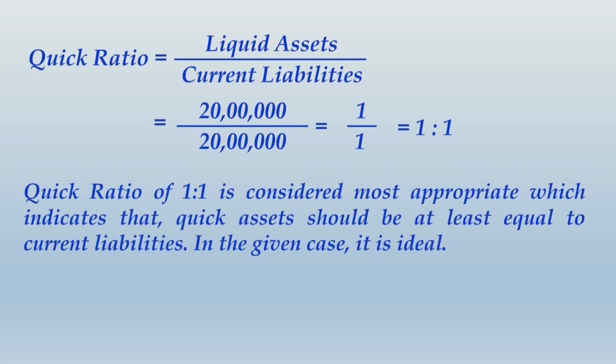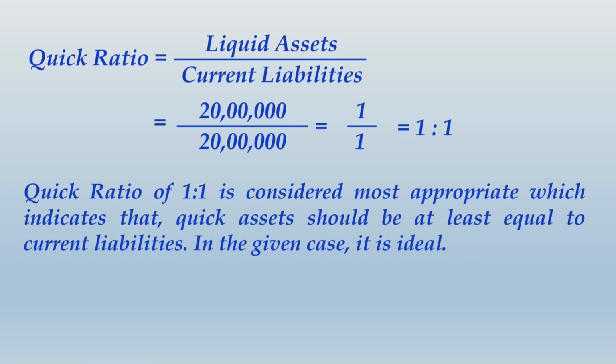Quick ratio of 1:1 is considered most appropriate, which indicates that quick assets should be at least equal to current liabilities. In the given case, it is ideal. In our given scenario, quick assets or liquid assets are exactly matching with current liabilities. So there is absolutely nothing wrong here with respect to the liquidity of the company.